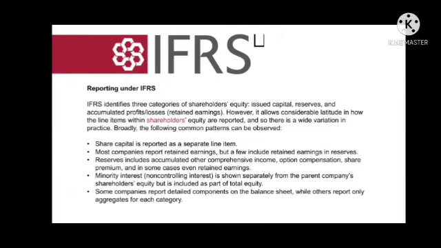Broadly, the following common pattern can be observed. Share capital is reported as a single line item. Most companies report retained earnings, but a few include retained earnings in reserves. Reserves include accumulated other comprehensive income, option compensation, share premium, and in some cases even retained earnings.